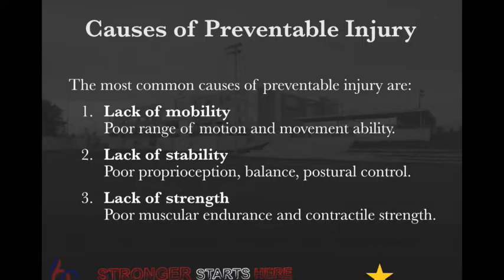So these are people who don't necessarily have the unilateral stability. One side's a little less balanced than the other, or they don't necessarily have good control of their posture in an upright position or a challenged position, and as a result, they're more susceptible to acute injury.